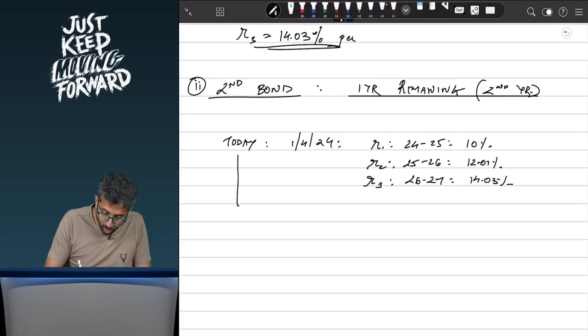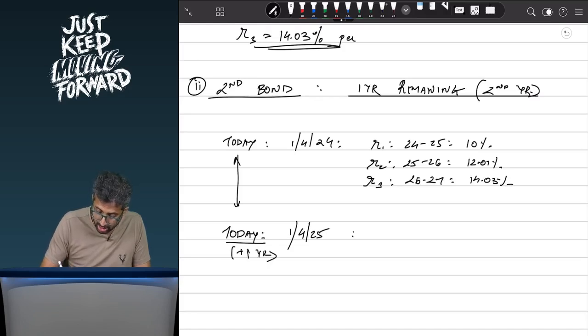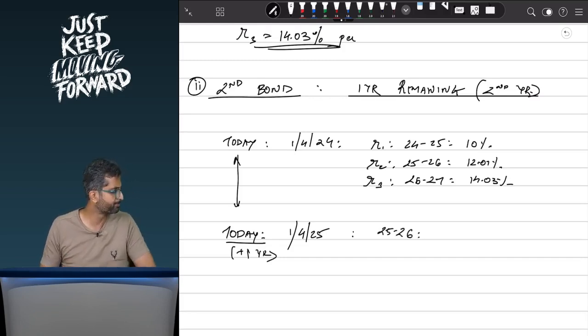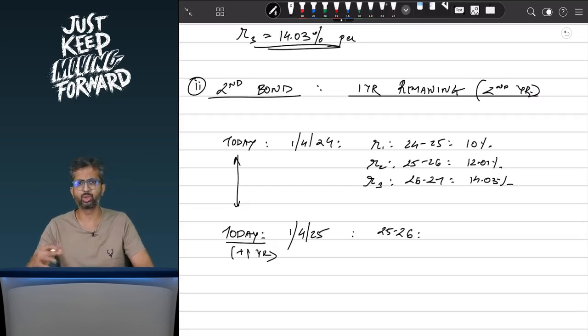Now, I move further 1 year. Now, the revised date that I am standing today is 1st April 25, 1 year later. Therefore, can you tell me what will be the rate for 25-26? If the term structure is to remain the same, that is you expected a 12.01% rate in the year 25-26.